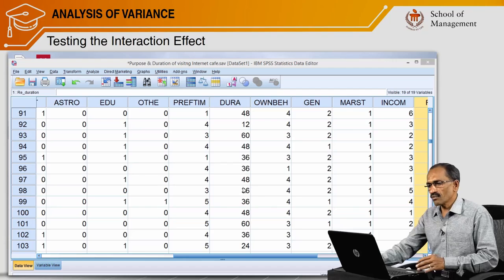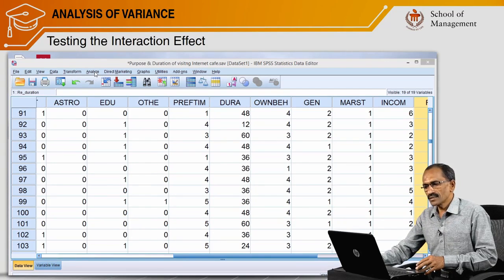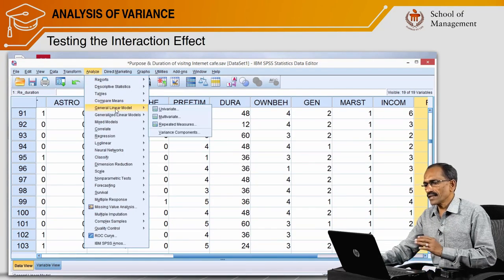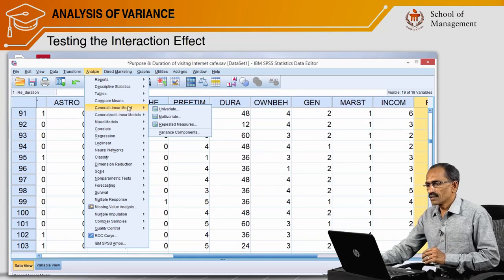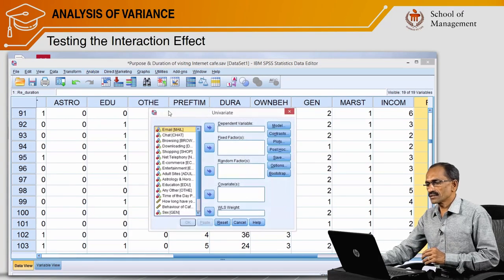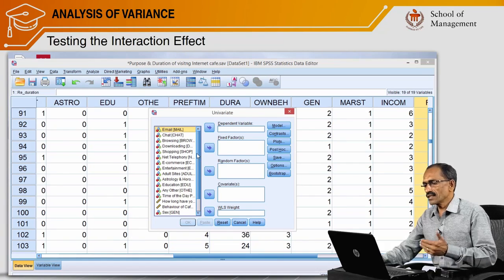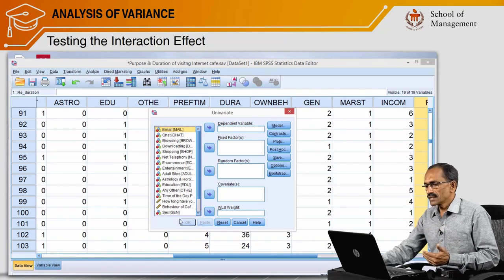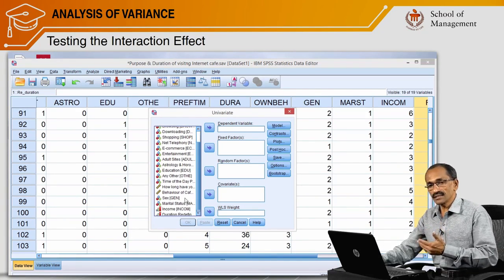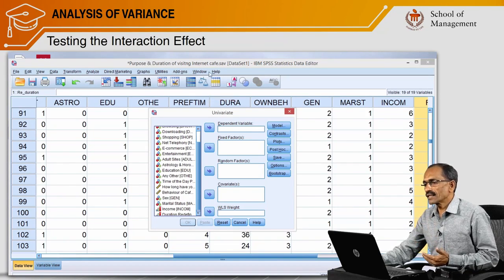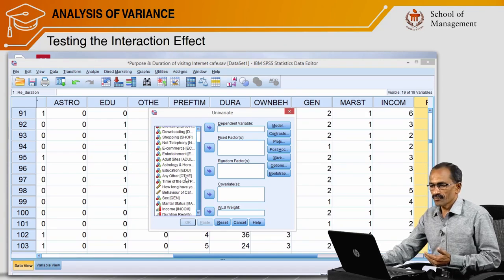How will we do factorial ANOVA? Go to Analyze, locate General Linear Model, and click on Univariate. In our model, we are going to test whether there is any interaction between gender and marital status on internet visit.